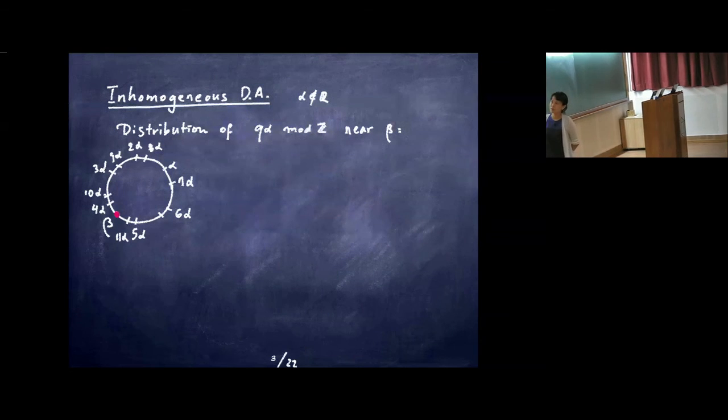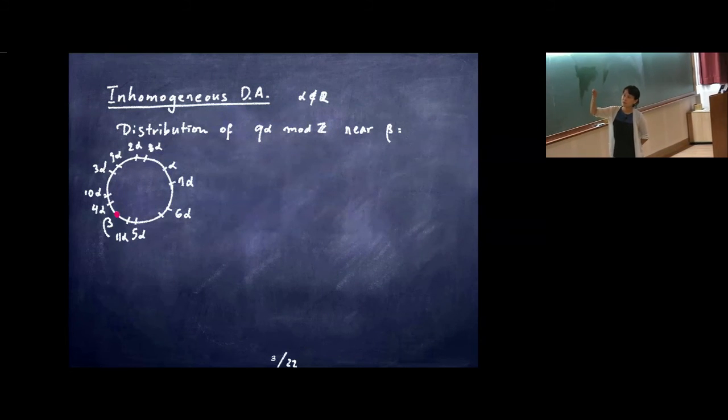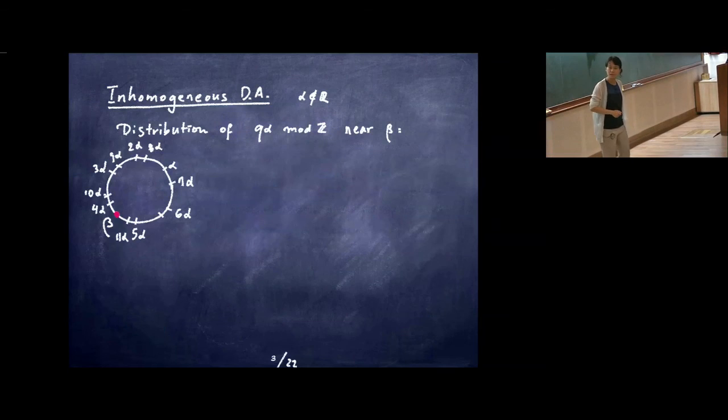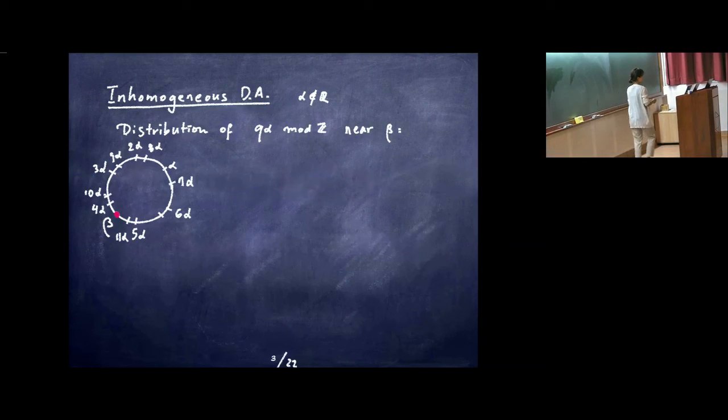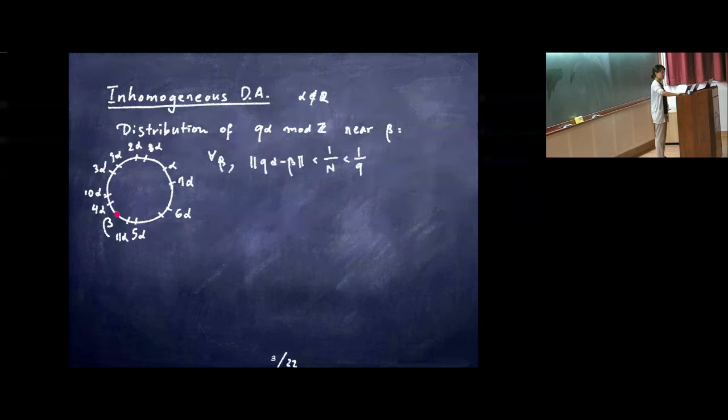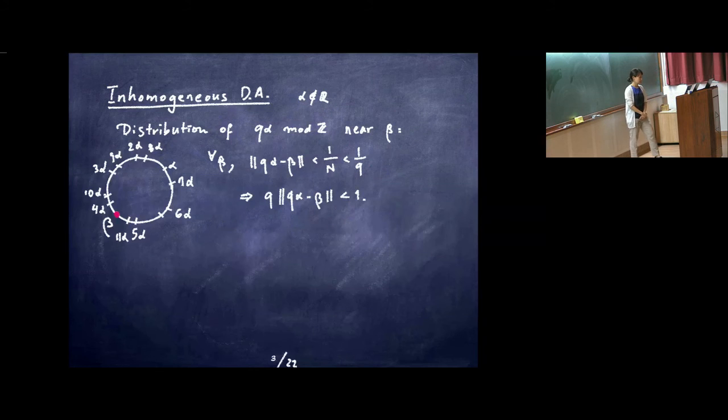And we want to know if there is some n alpha that is close to beta, the red point. It's not exactly the same argument, but we still have an analogous Dirichlet theorem. For every beta, for every n, there exists this q, less than n, for which the distance of q alpha minus beta from the set of integers is bounded by 1 over q.